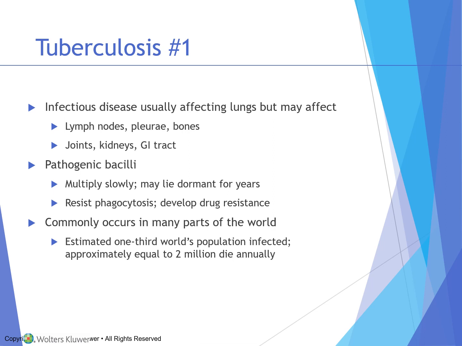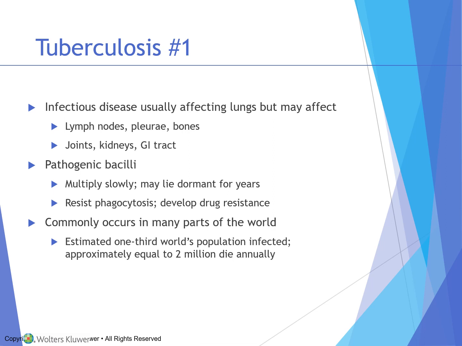So after the person has been exposed to M. tuberculosis, which is the bacteria causing TB, it could cause an active infection, but sometimes it couldn't. It could just be there for years.